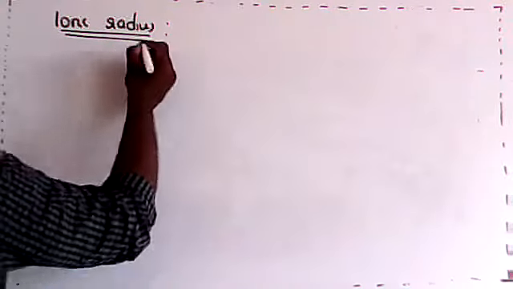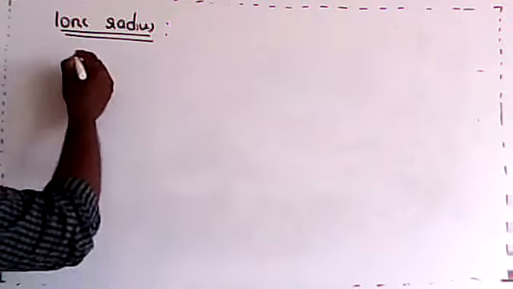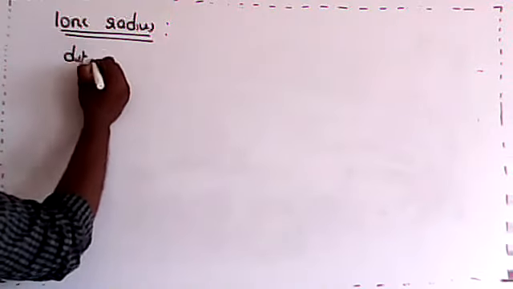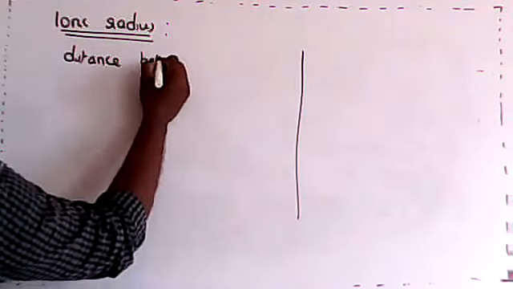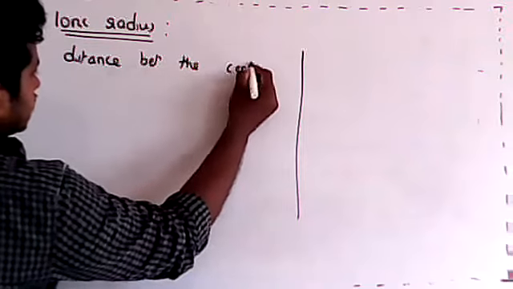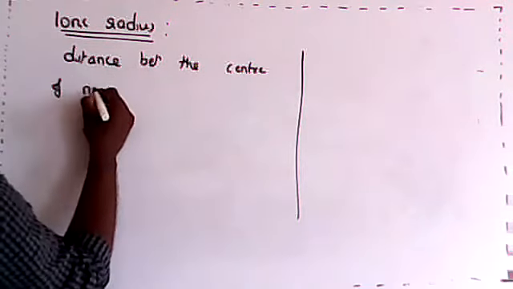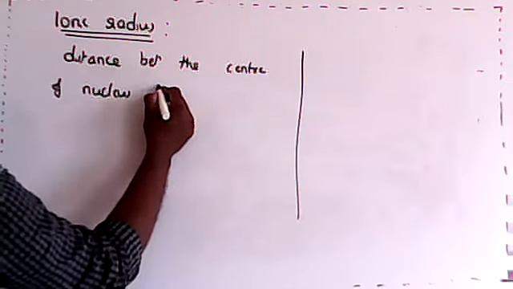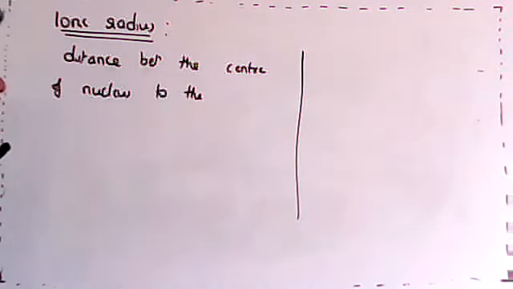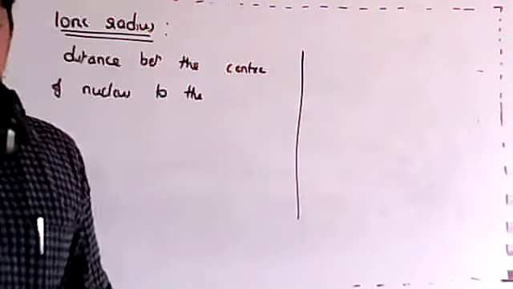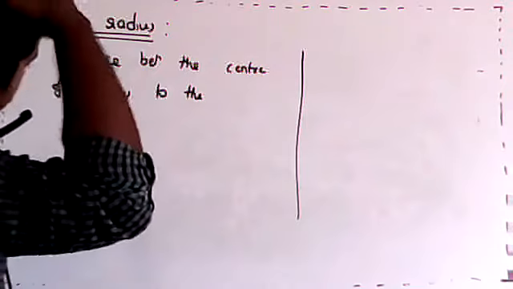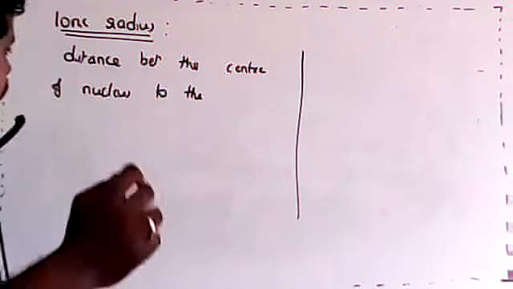Ionic radius is the distance between the center of the nucleus.